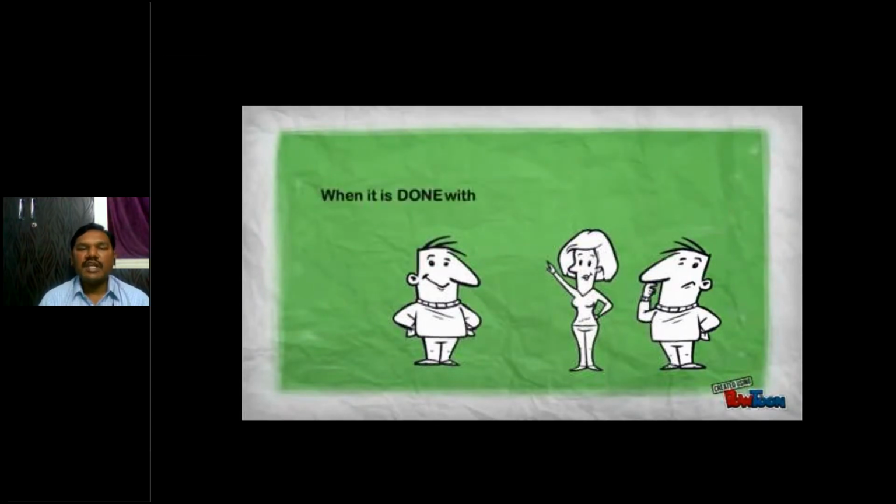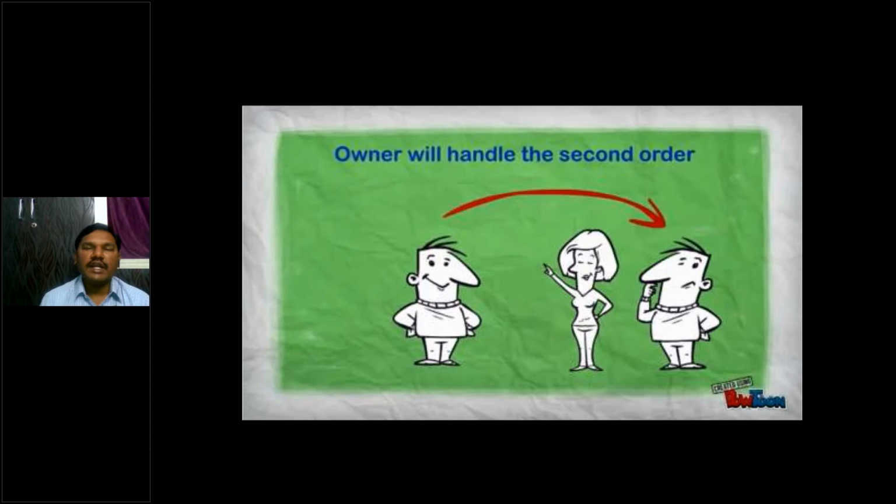See here, the owner is handling the first customer. Then if it is done, then only the owner will handle the second order.